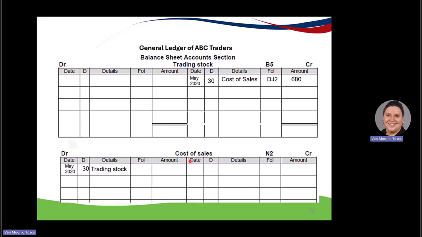So it will be the same information, but can you now see that in my cost of sales, I am debiting with the trading stock. Okay, so my contra account is basically trading stock for the amount of 680. So can you see we have credited and we have debited. So we are good.